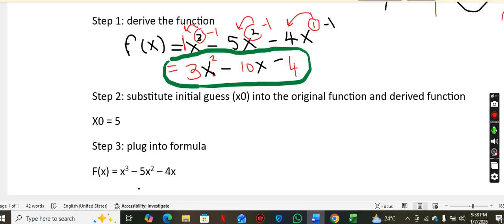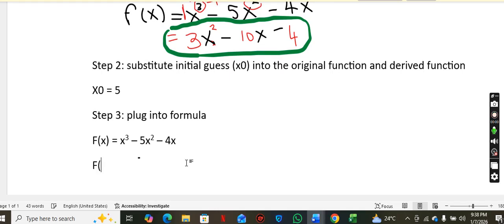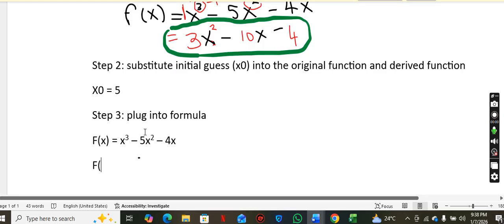So you substitute x with 5. You say f of 5. This is how you should do it even in the exam, but just don't put the steps there.